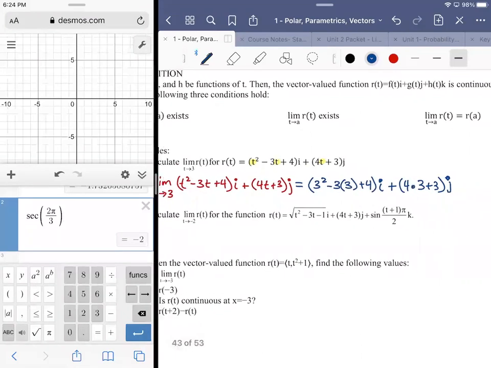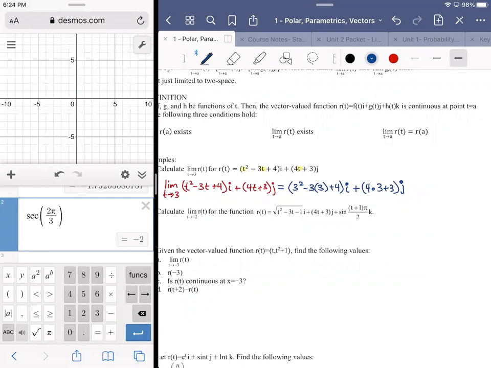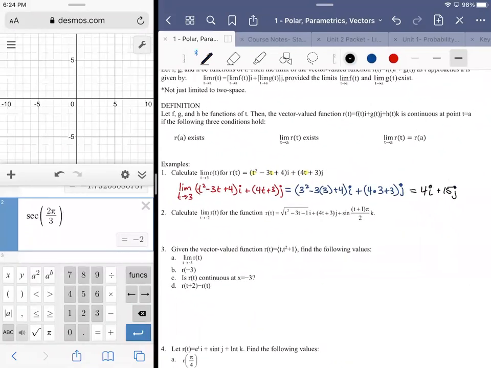And then, clean it up. All right, so we got 4i and then we have, what is that, 15j? All right, so that would be my limit.